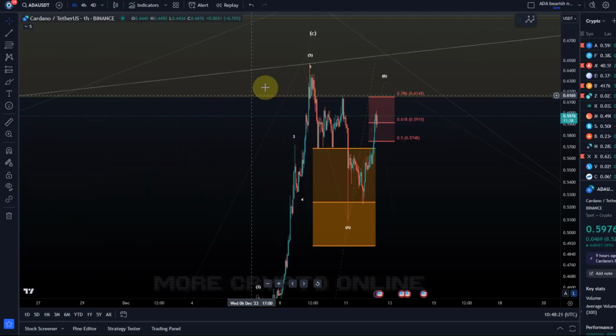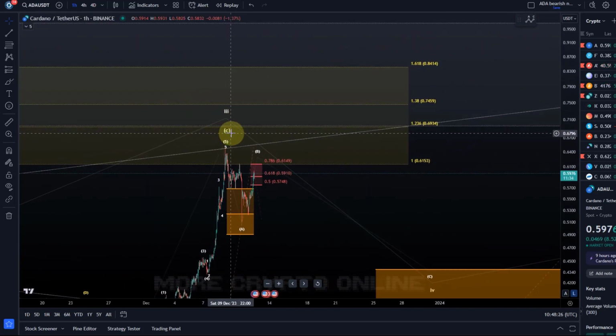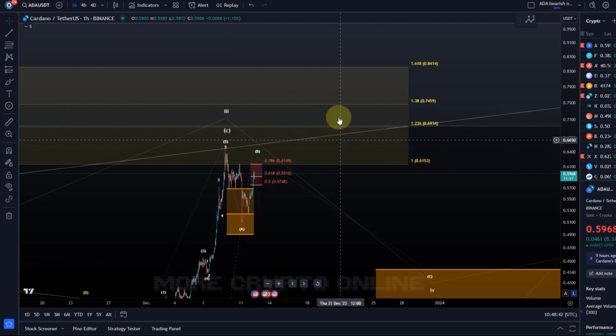In the alternative, you could say that we are still in a third wave, basically that this third wave never finished of this larger diagonal pattern that we've been tracking over several weeks now. In this diagonal pattern, before the wave 4 begins, it is entirely possible that this third wave still extends. The yellow box is still showing you the Fibonacci extension targets for that C wave within wave 3.